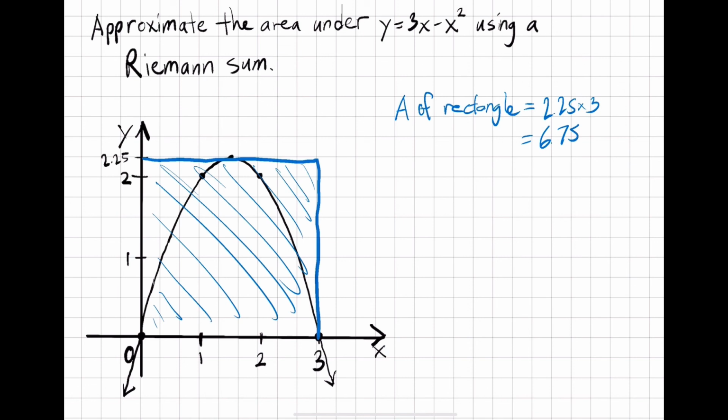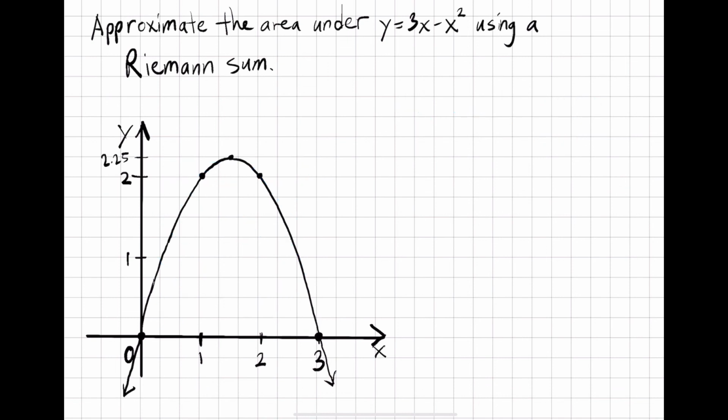Well, what we can do is use more rectangles. In fact, for Riemann sum, what we do traditionally is slice up our region into lots and lots of little rectangles and find their areas. Let's look at an example. This time, let's slice our region up into 3 rectangles.